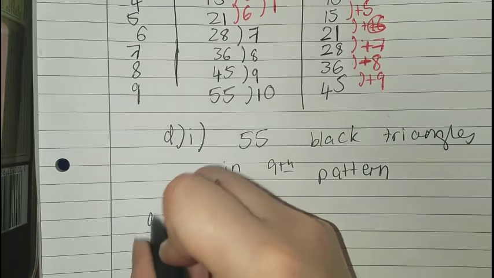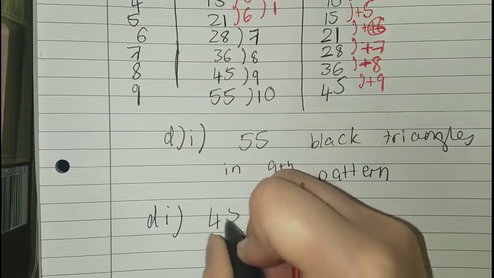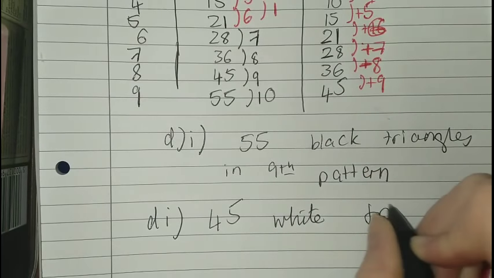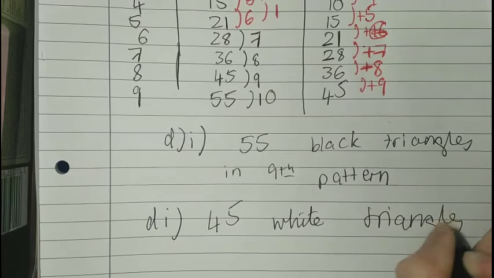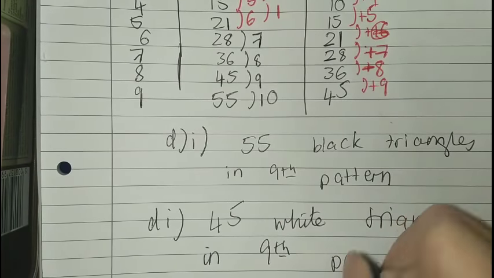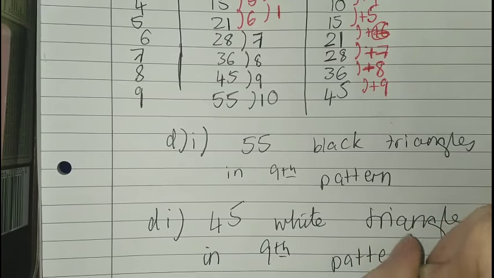So we get that there are 45 white triangles in the 9th pattern.